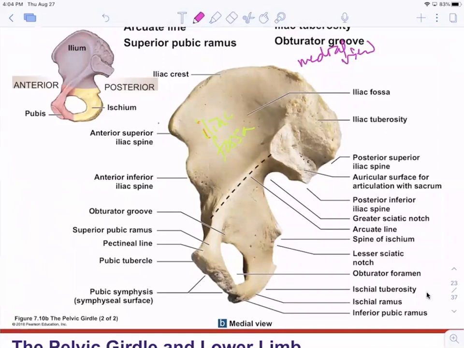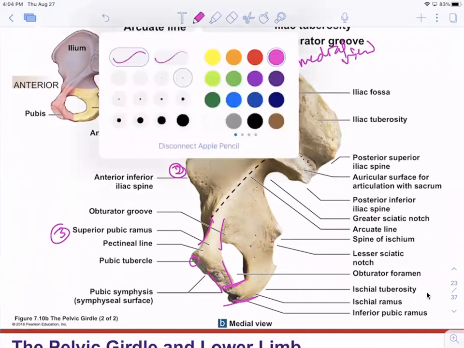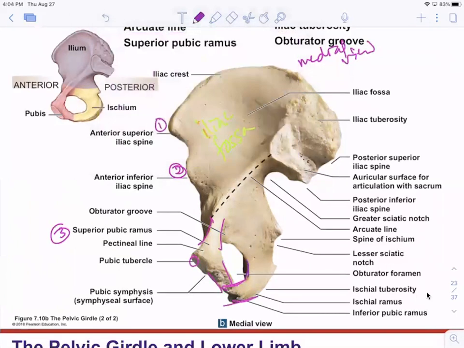You have, again, the anterior superior iliac spine, the anterior inferior iliac spine, the superior pubic ramus, the pubic tubercle, and then you have the inferior pubic ramus. The inferior pubic ramus then merges with the ischial ramus, right?